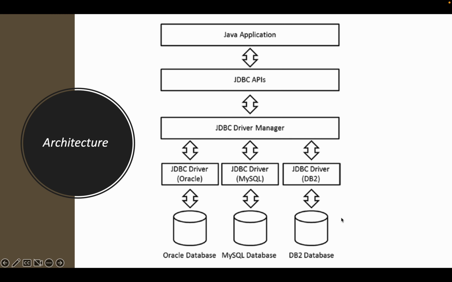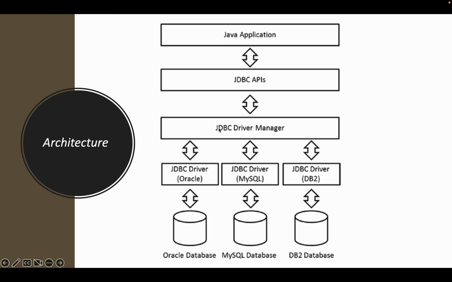Then this is the architecture. You see that at the top level, we have your Java application. Then we have the JDBC APIs, which I just showed you. Then we have the JDBC DriverManager, which is a class that comes with the JDBC specification that is given to you. You don't have to code it. We will see what it does.